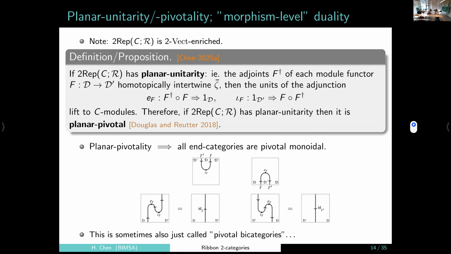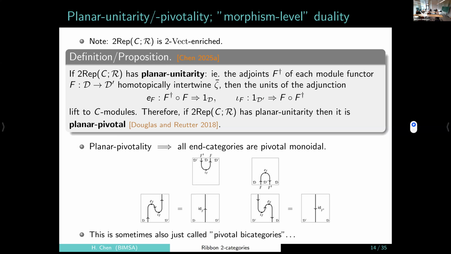The main definition is this notion of planar unitarity, which is probably not a very good name, but all it says is that all the functors, all the one-morphisms I have in this two-category, have adjoints, and the adjoints homotopically intertwine the dagger structure that I have in my Hopf category.